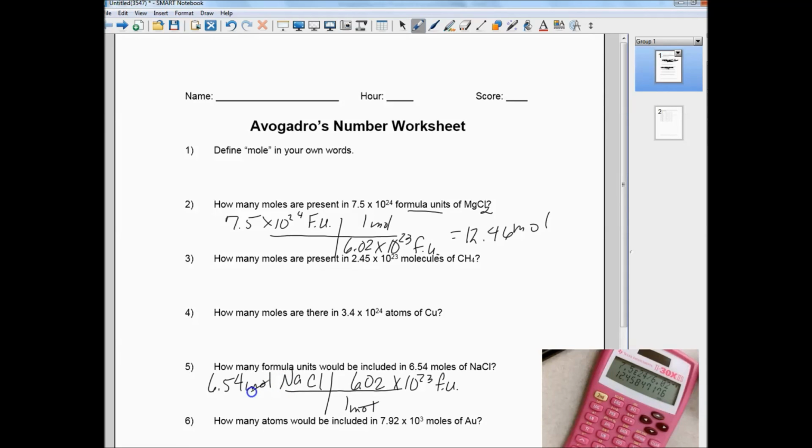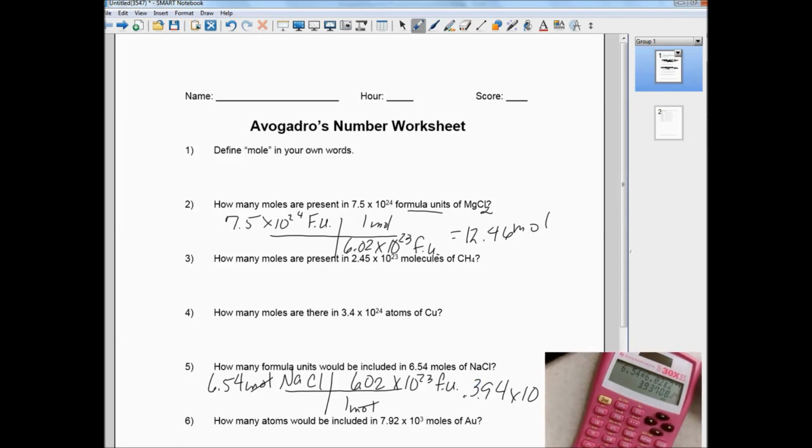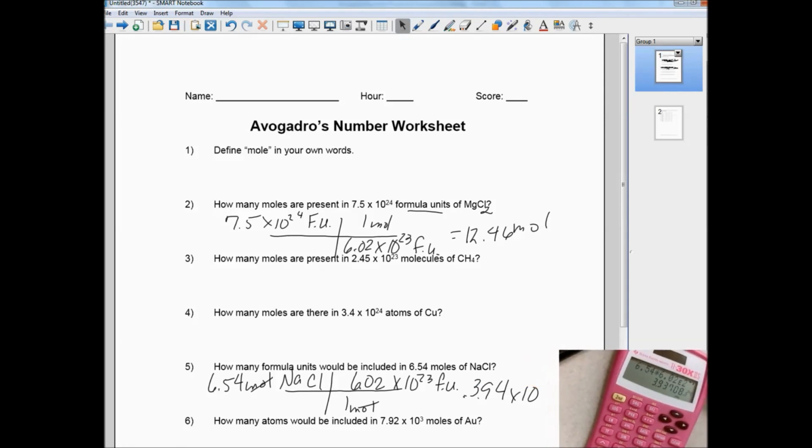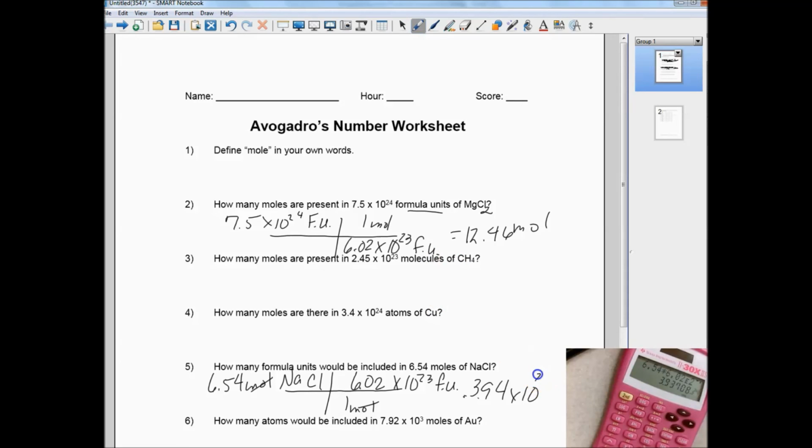Okay, moles will cancel, and if we do it on the calculator, 6.54, we don't need to do second, start over again, 6.54, and we're going to multiply that by 6.02 second EE 23, and we get 3.94 times 10 to the 24 formula units.